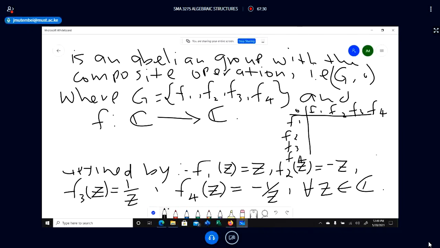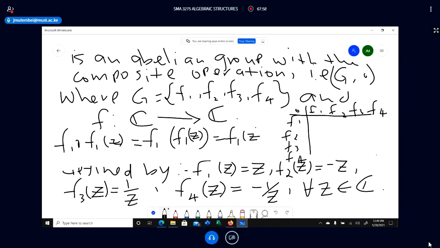So F1 composite F1 of Z, from the definition of the composite map, is F1 of F1 of Z. And from our definition, F1 of Z is Z. So this becomes F1 of Z, which is equal to Z.